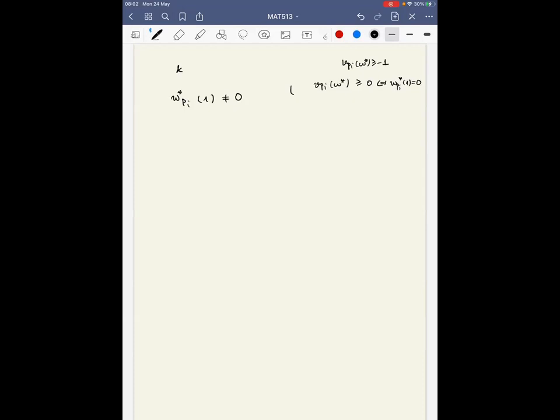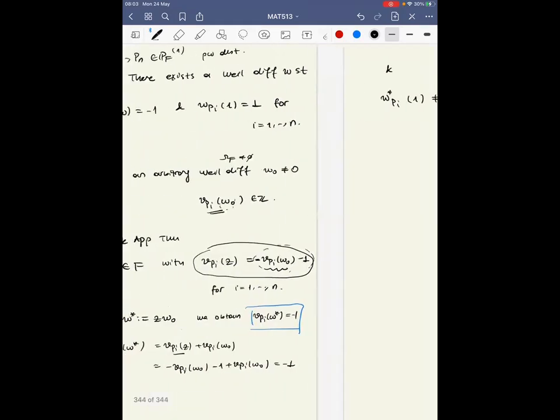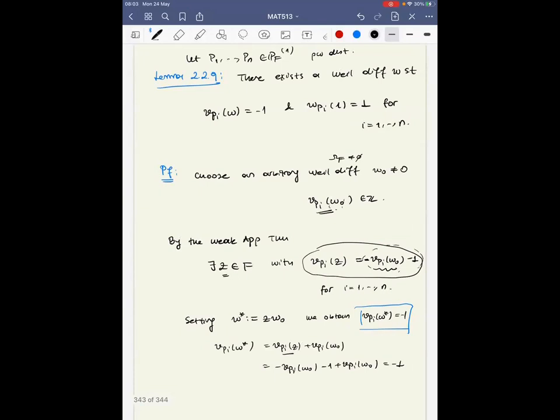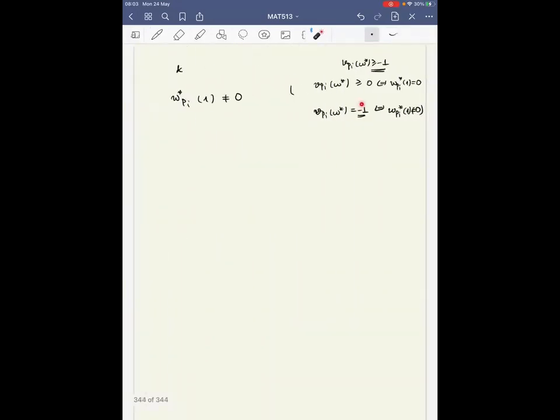So if we take the contrapositive, that means v_{P_i} of omega_0 is -1, so this is the case. We know that this local component is going to be non-zero. Thanks to this observation and this characterization, we can conclude that this local component of 1 is non-zero.